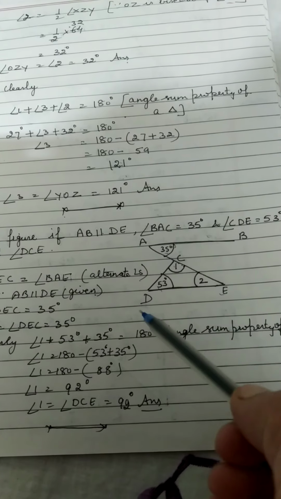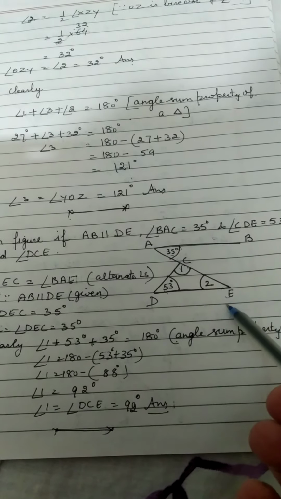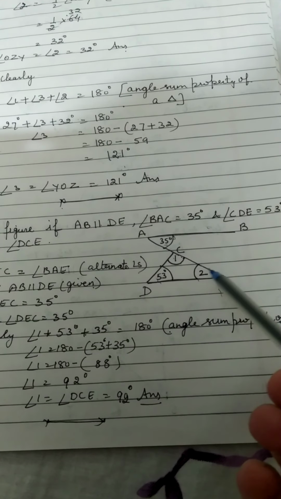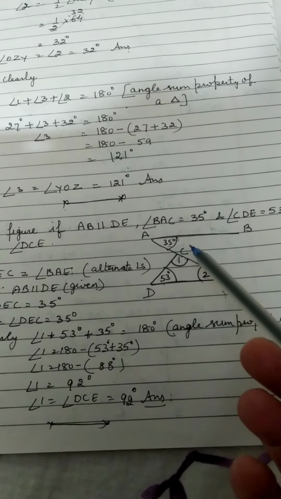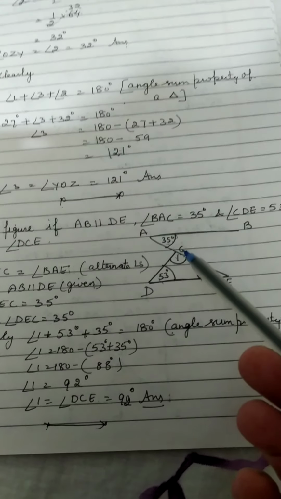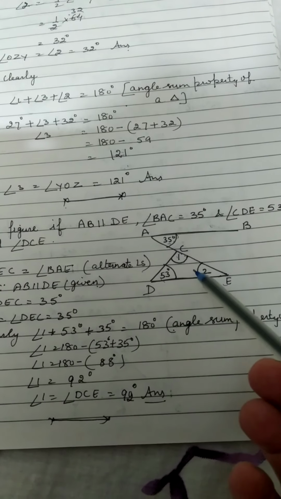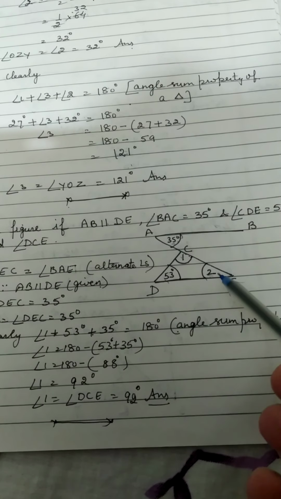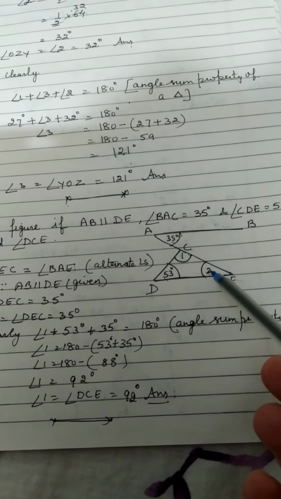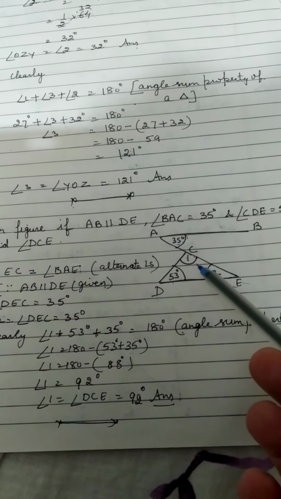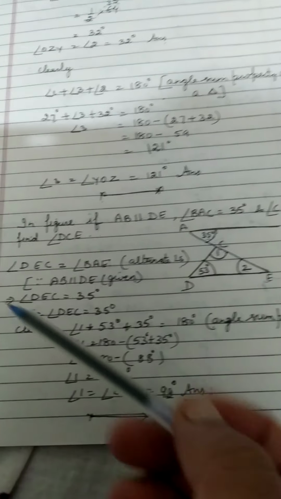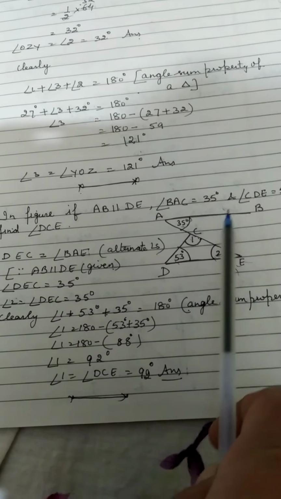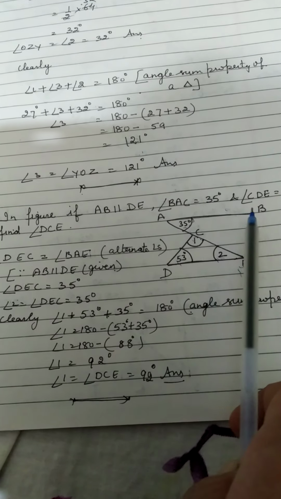You know that AB is parallel to DE and AE is intersecting it. Then angle 35 is equal to angle 2. From here we get angle 2 is equal to 35. Now 1, 53 and 2 are the three angles of triangle CDE. Then by angle sum property, angle 1 plus 53 plus angle 2 is equal to 180. See here, angle DEC is equal to angle BAE.